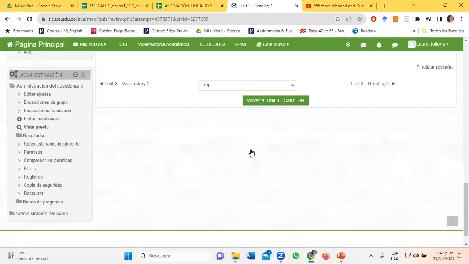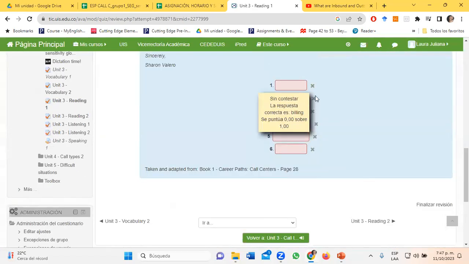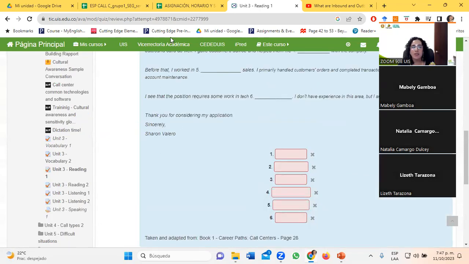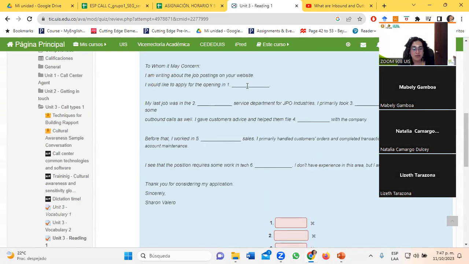It's 0, but I think you can see the answers. So then you do this, and then you copy and paste the answers. Guys, that's not the objective of the activity, right? I want you to think and read the situations and decide what's the correct job. Just don't do the activity just to do it, because then what's the purpose of it, right?